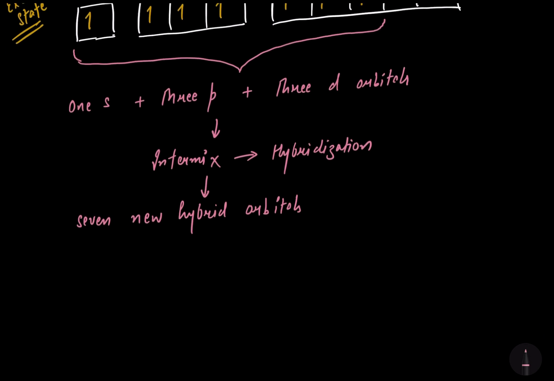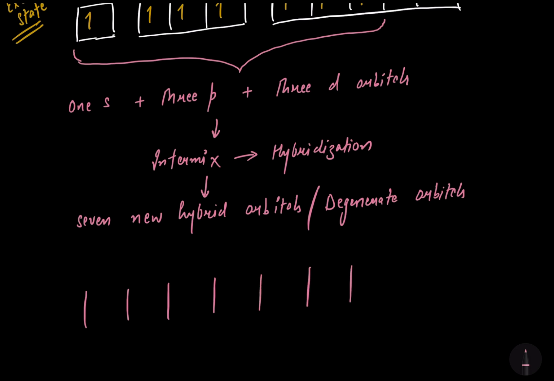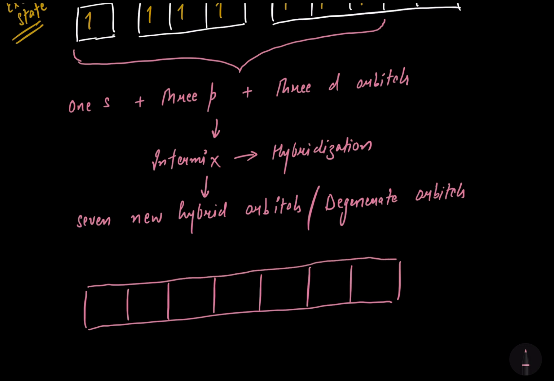I'm making the 7 new hybrid orbitals degenerate orbitals. That is, the 7 orbitals will be of equal energies, and I'm showing them collectively because they are all degenerate orbitals.